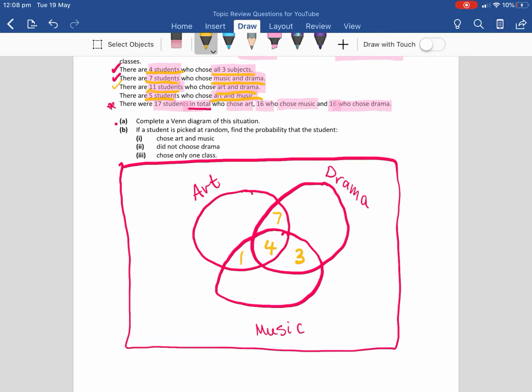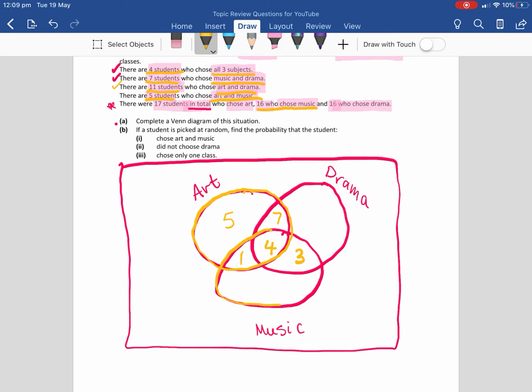Okay, there are 17 students in total who chose art. So our circle for art needs to add up to 17. So if you add 7 plus 1 plus 4, that gives you 12. So that means we need 5 more to make sure that that whole circle adds to 17. 16 chose music.